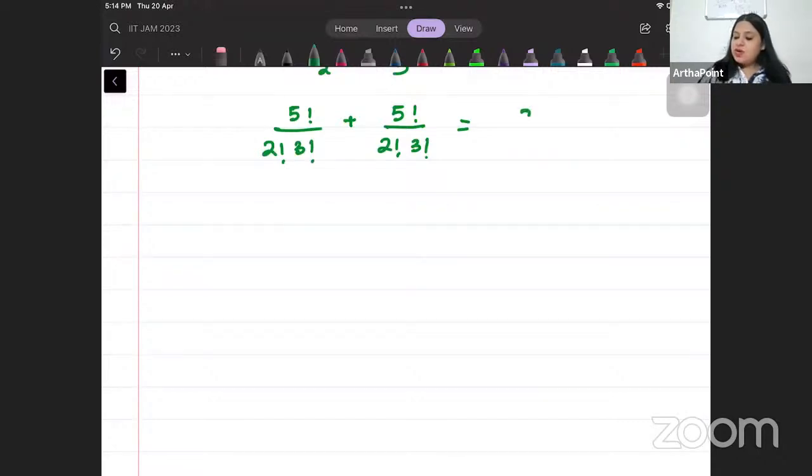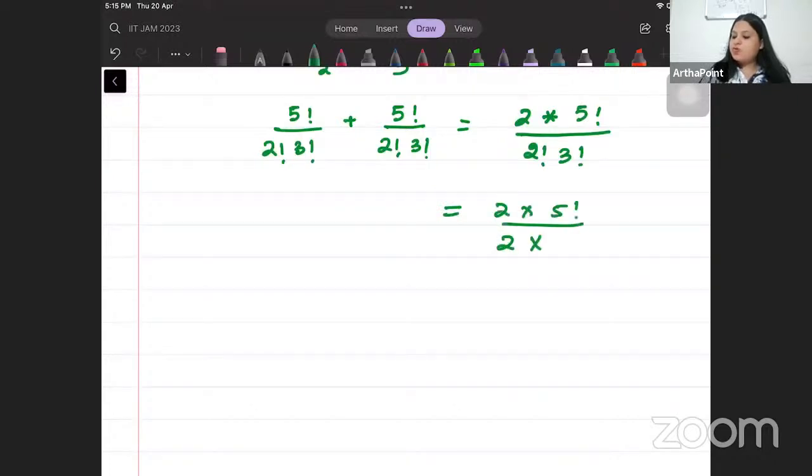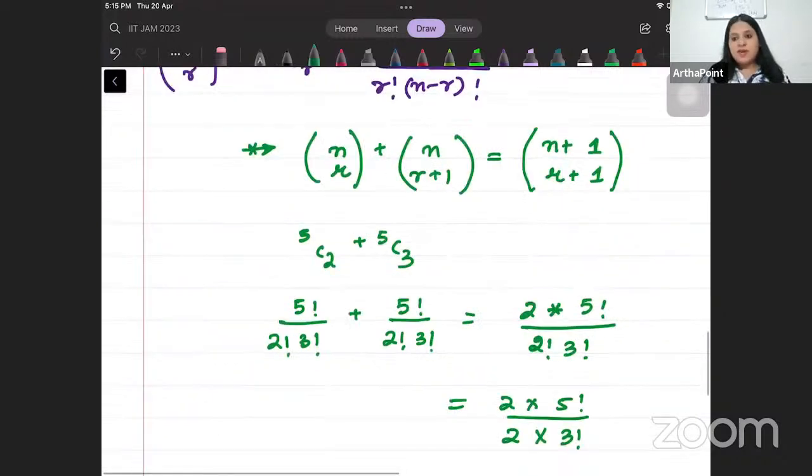So this is coming twice. It can be 2 into 5 factorial upon 2 factorial, 3 factorial. Isn't it? So this is nothing but 2 into 5 factorial upon 2 into 3 factorial. So this is nothing but 5 factorial by 3 factorial. Is this clear?